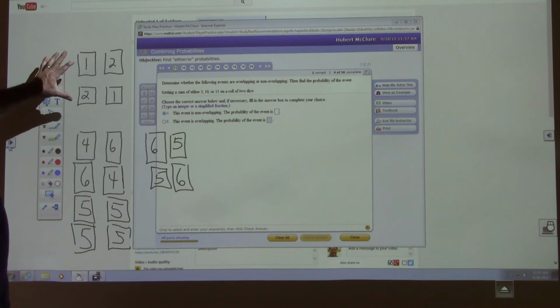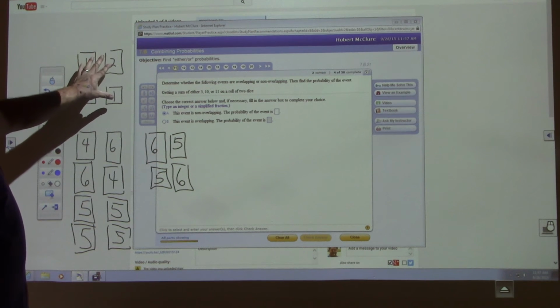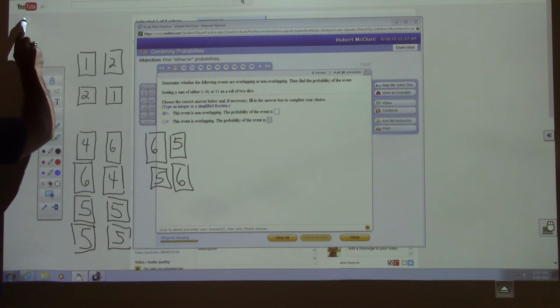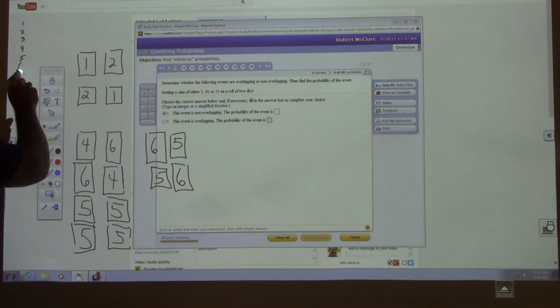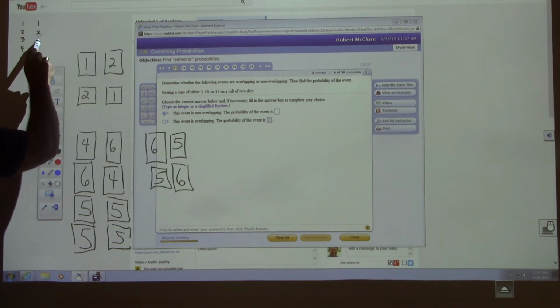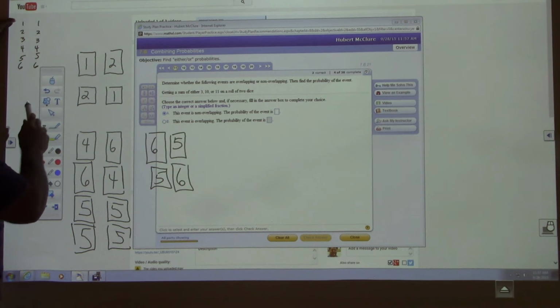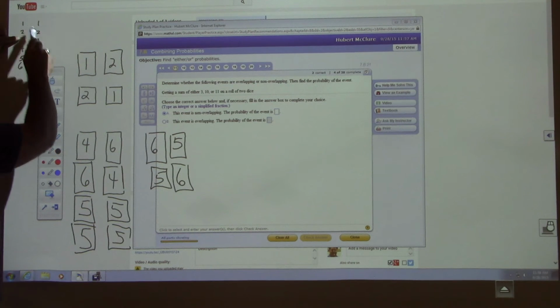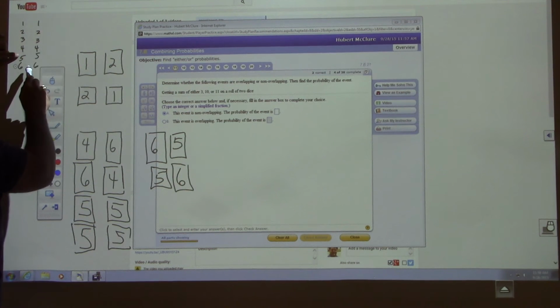So how many rolls can we get out of, let's see, there's 1, 2, 3, 4, 5, 6 and 1, 2, 3, 4, 5, 6. So there's 1 in these, 2 in these, up to 6 in these.